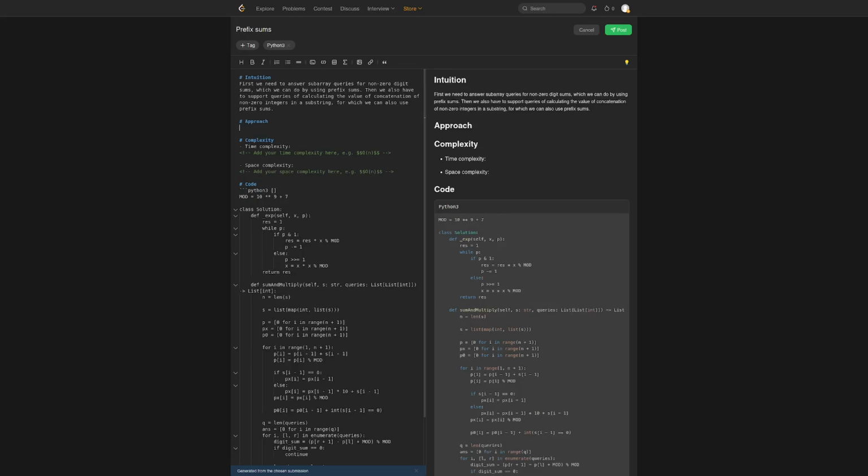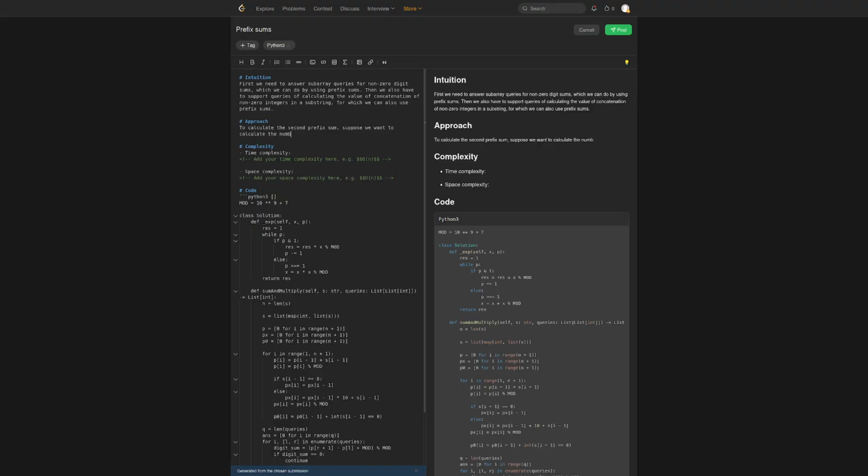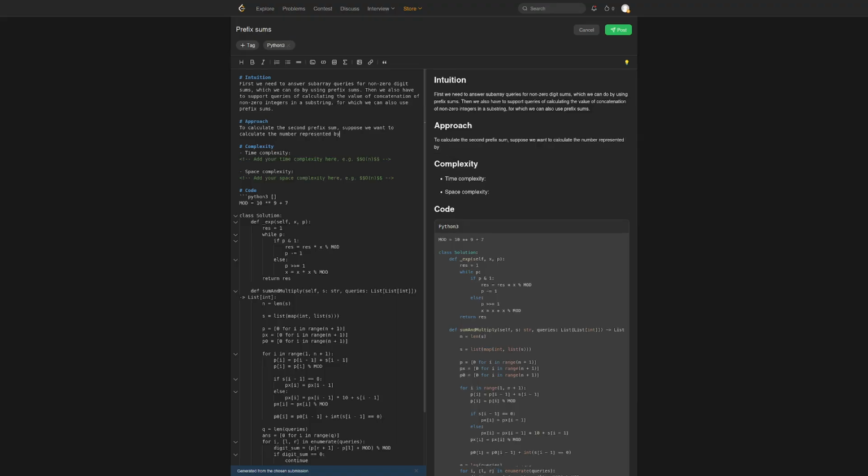Okay, so how to do that? To calculate the second prefix sum, suppose we want to calculate the number represented by each prefix.